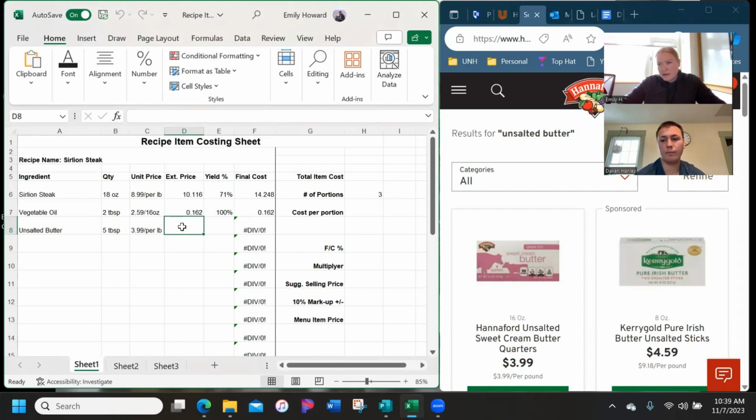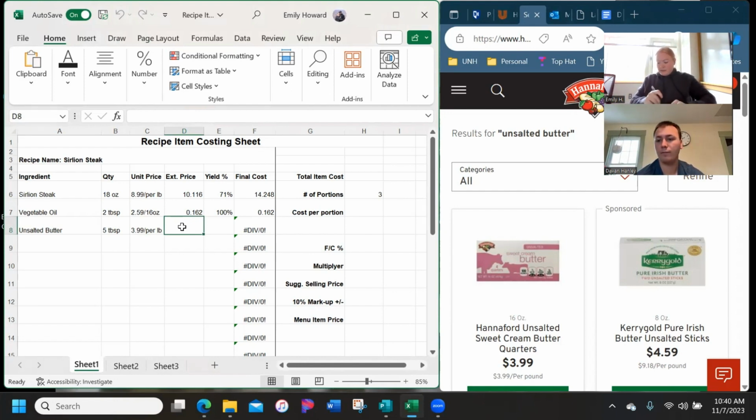I won't be able to do that for everything though, right? Correct. But if you do it for this, so if you do $3.99 divided by your 16 ounces times your 2.5 ounces that you need, you should get the same price, 0.623. All right.